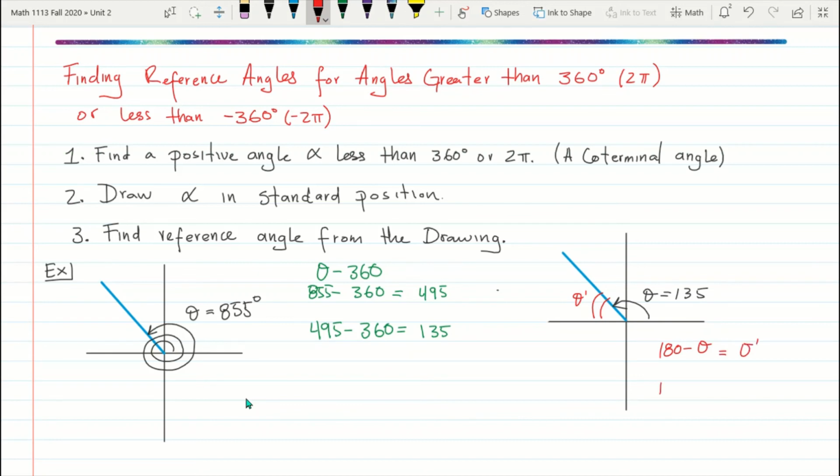So 180 minus 135 gives us theta prime, and this comes out to be 45 degrees. Okay, so hopefully that makes sense, how to find a reference angle for an angle that is very large or very, very negative.